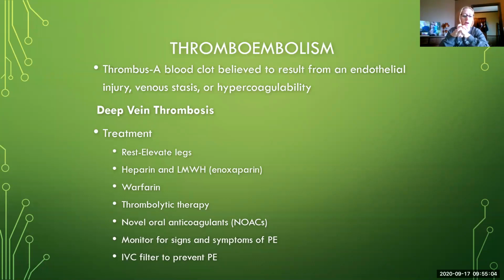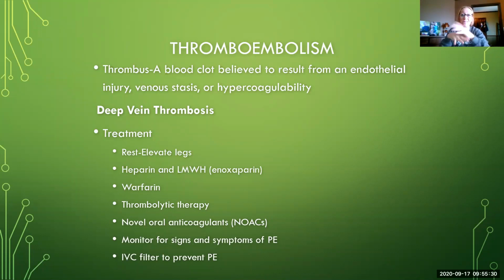And then we also have our novel oral anticoagulants. So that's a lot of those newer drugs that are out now. But again, there's pros and cons. The pros is they don't have to have those few-times-a-week blood draws like you do with Coumadin to check their levels. They just stay on a consistent amount, and they don't have to have those blood checks.